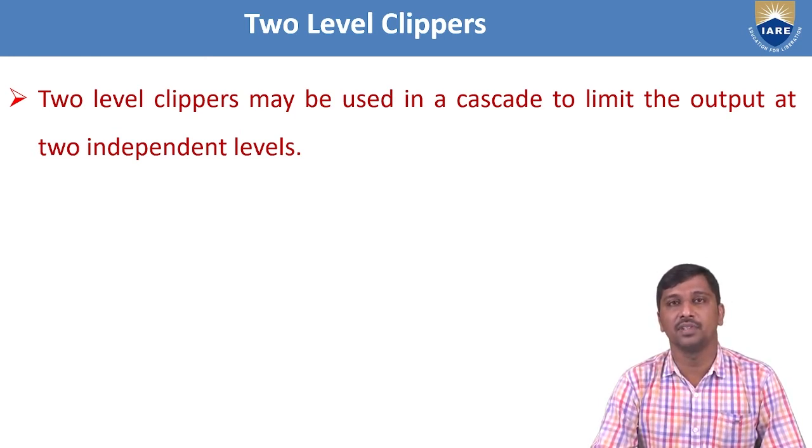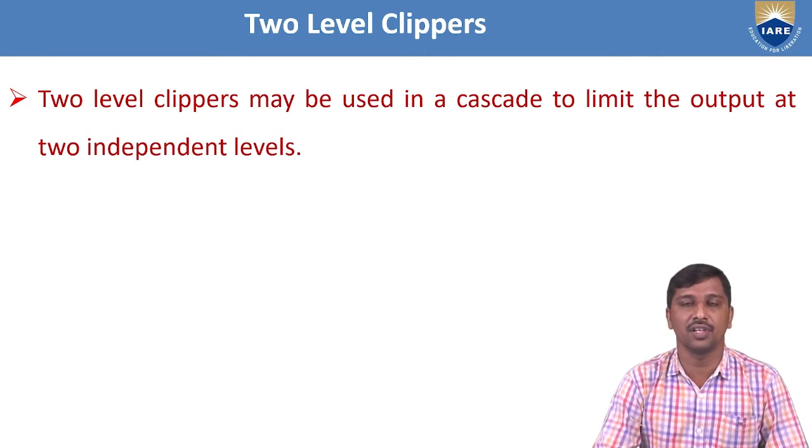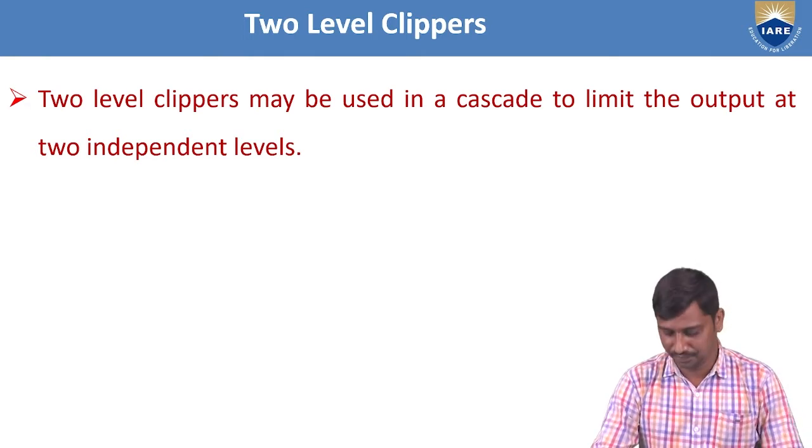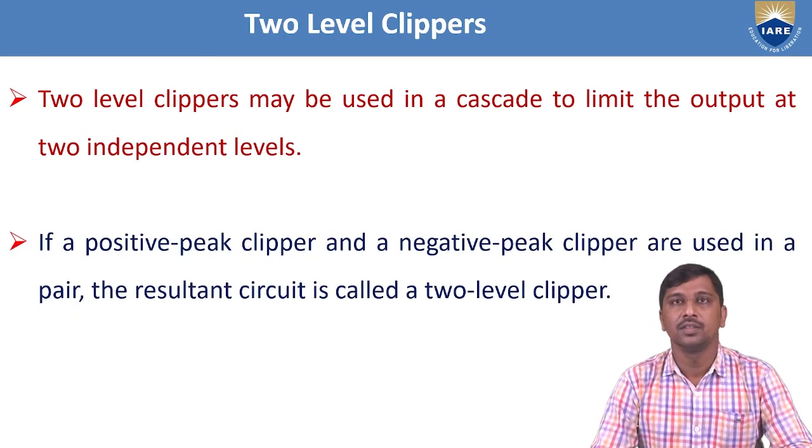From that point of view, this type of clipper is called a two-level clipper. To design it, we use the positive peak clipper as well as the negative peak clipper, adding some DC voltage across each, and the resultant response of the circuit is called the two-level clipper.